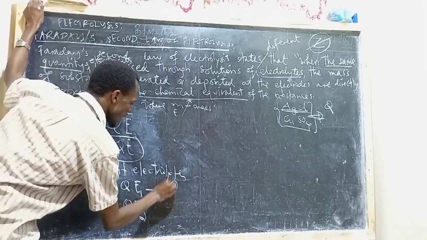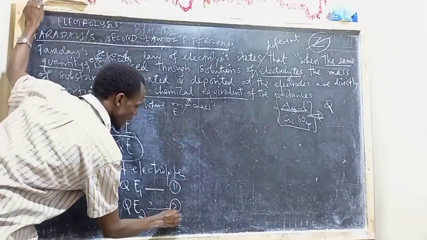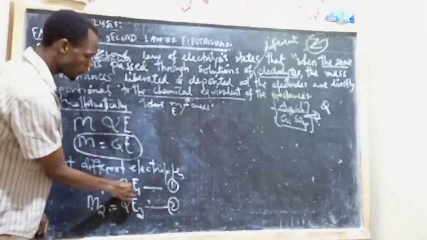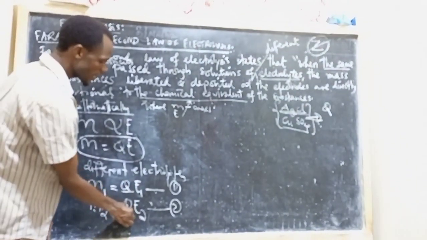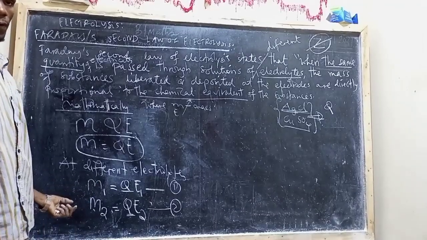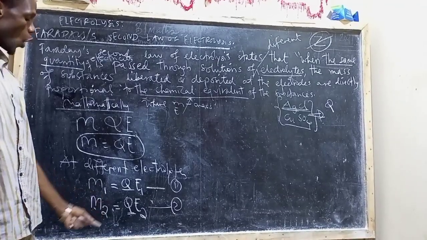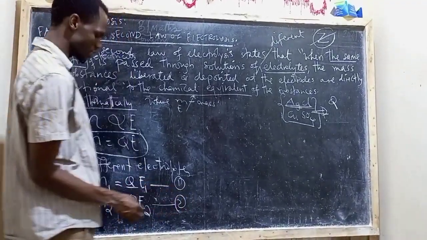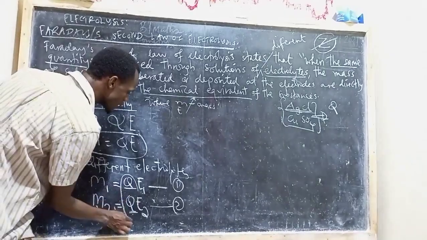This is for the first electrolyte and this is for the second electrolyte. You may see there is no variation of quantity of electricity. Why is it so? It is very simple, because we have said for the same quantity of electricity, it means the quantity of electricity is the same.